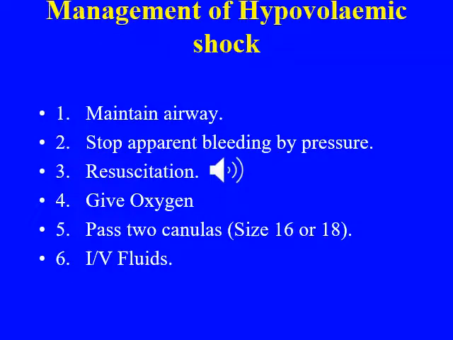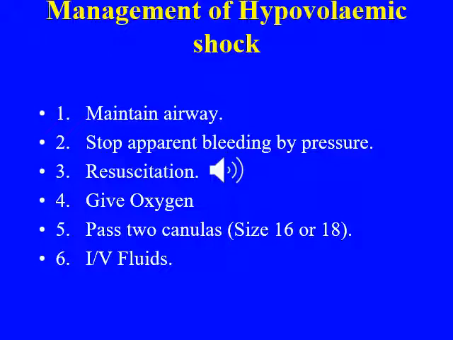fibrillation. And management of hypovolemic shock: you have to maintain a clear patent airway and be sure that the patient is breathing well. If not, intubate and mechanically ventilate. We have to stop the apparent source of bleeding if possible.